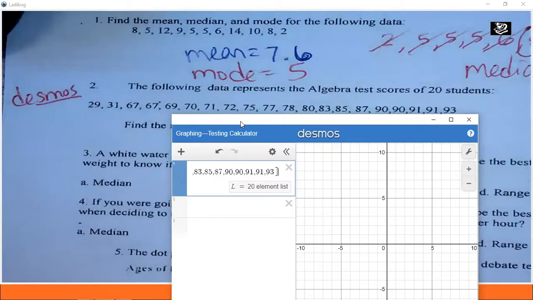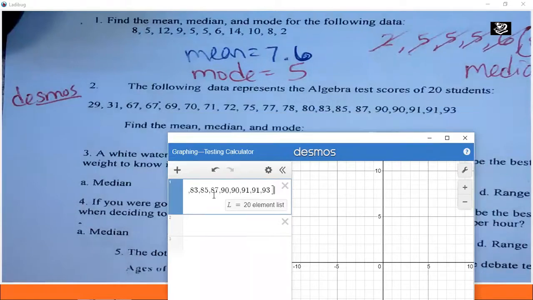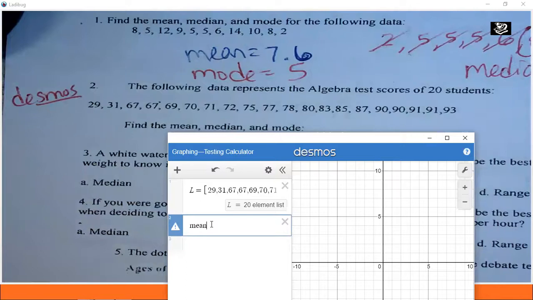Okay, the next thing you are going to do is type in mean. You just type in the word mean, and then you put parentheses, capital L. Whatever letter you use, and it gives you the mean. Go ahead and write that down on your paper.